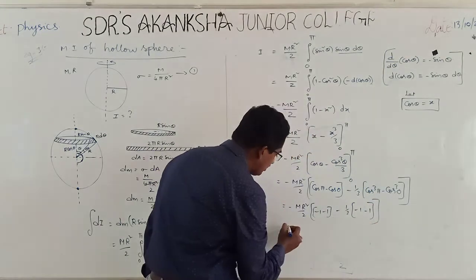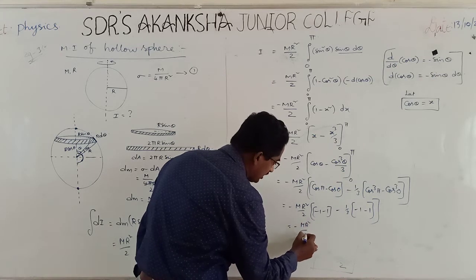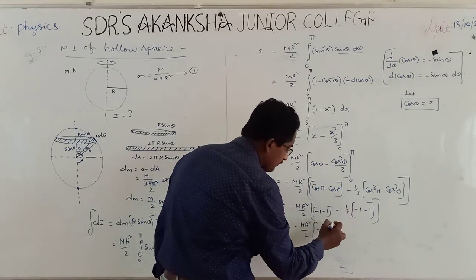So totally we are getting minus M r square by 2 into minus 2 plus 2 by 3.